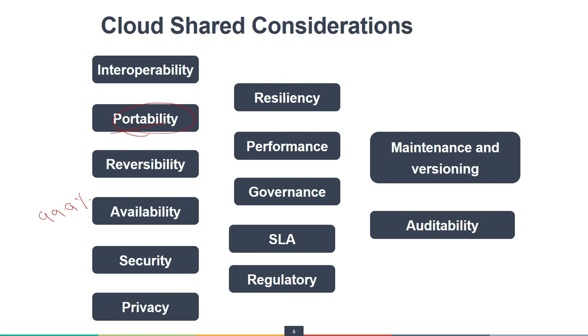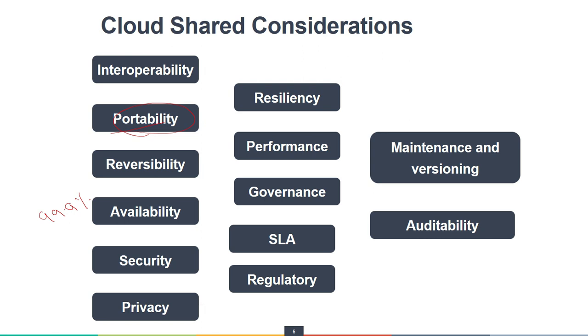Resiliency measures the ability of a cloud provider to continue providing fully functioning services in the event of disruption. So how resilient your cloud is, what are the controls, so proper BCDR plan, redundancy, backup, etc. We need to take care during the sharing of responsibilities and finalizing the contract.